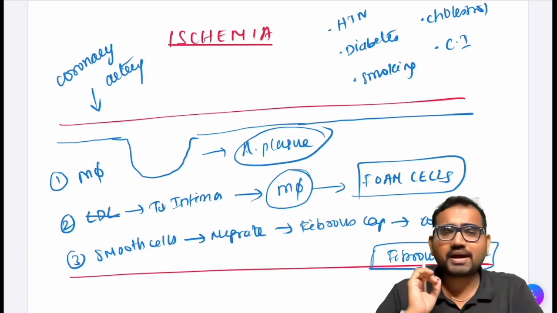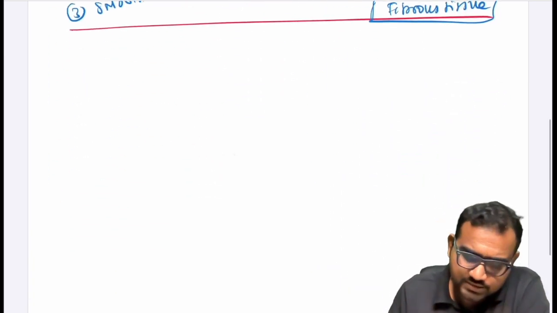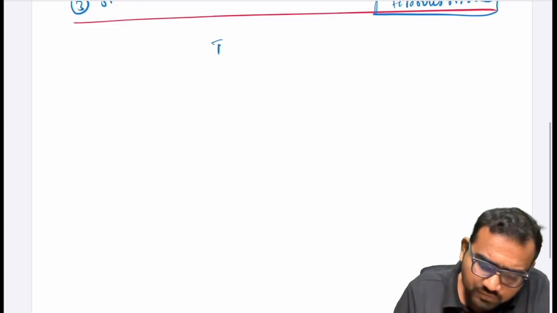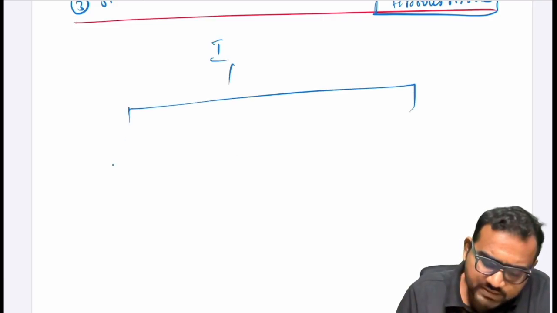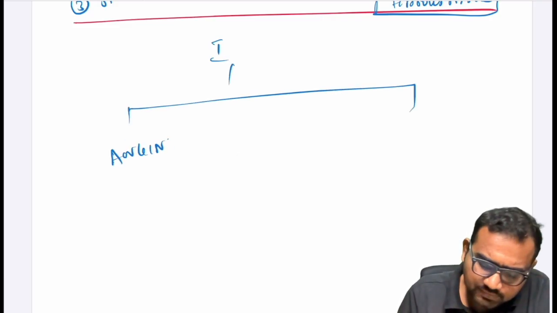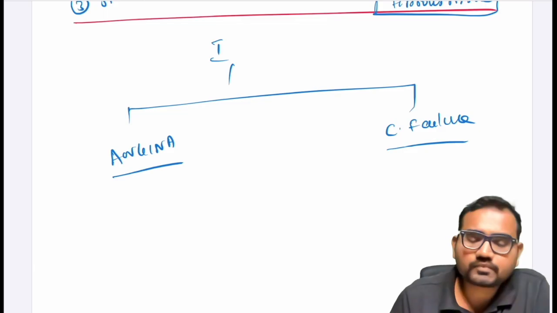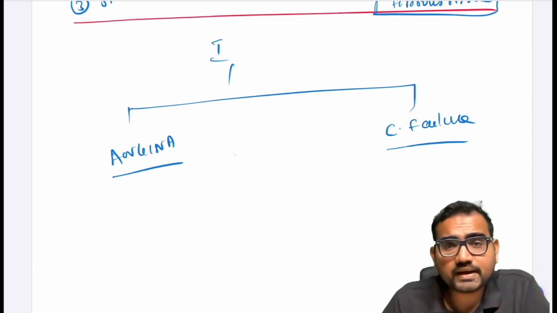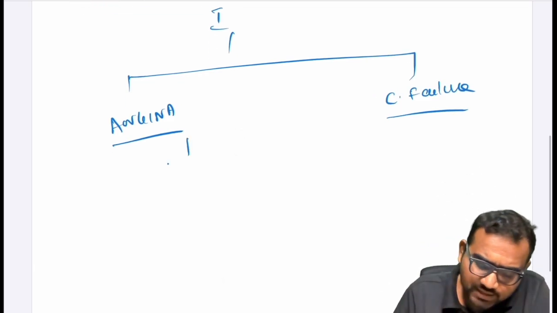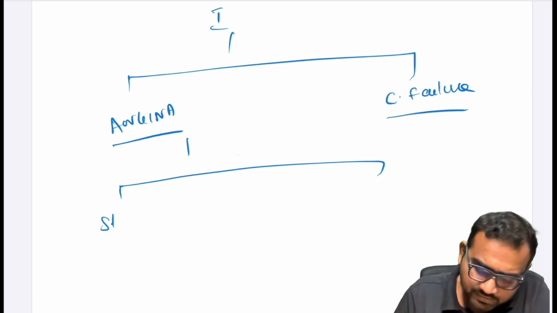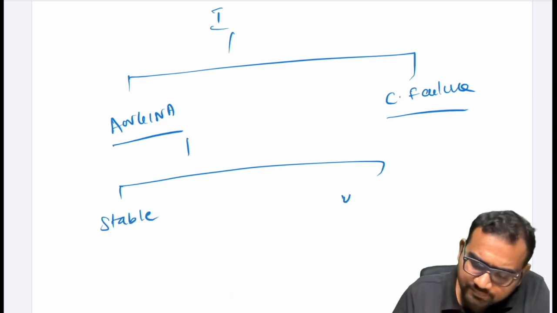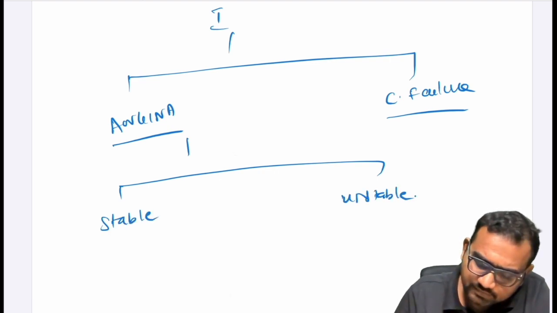Now moving on, I'm going to classify these ischemic disorders into two. One is angina and another one is cardiac failure. Okay, there can be angina and cardiac failure. So angina has two types: stable angina and unstable angina.